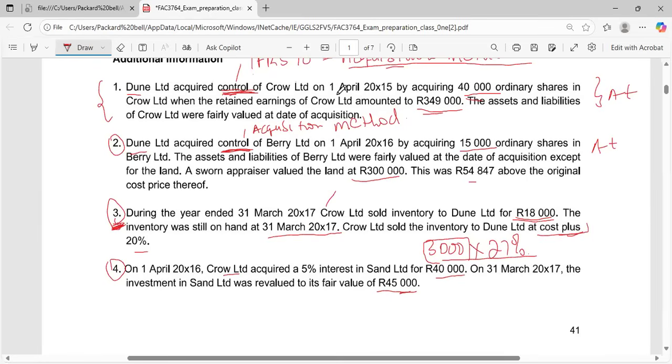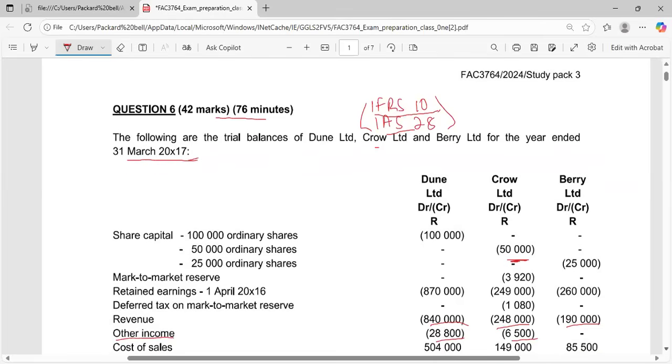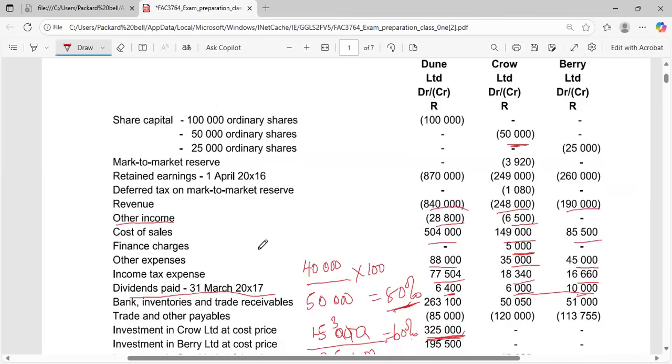They acquired it on 1 April, and we are doing our consolidation on 31 March 2017, which means since 1 April 2015 to 31 March 2017, Crow Limited has been operating. So there must be something which they make from that day.